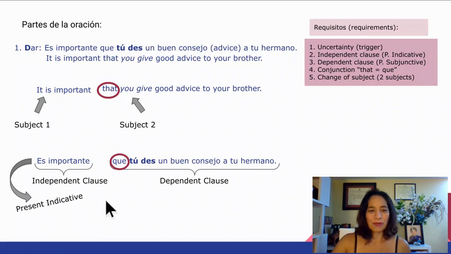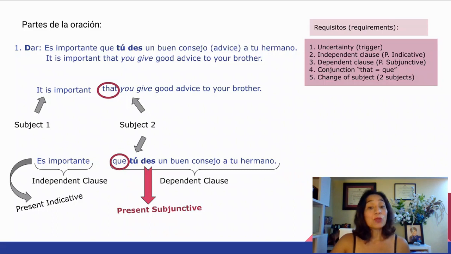And we also have 2 different subjects. In the first part of the sentence, that is the independent clause, the verb is being conjugated in the present indicative. The subjunctive is used in the dependent clause section only.